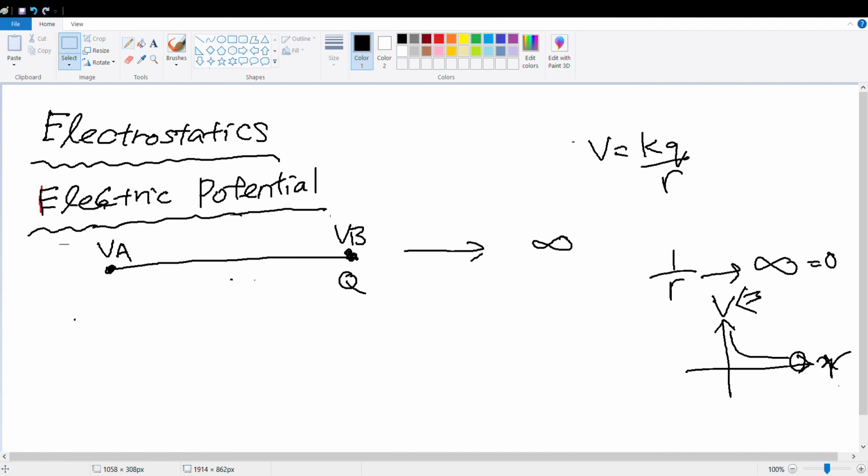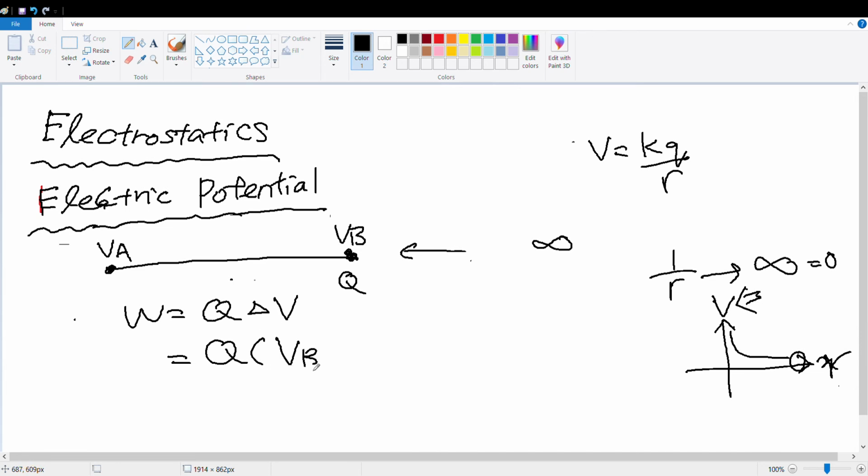In contrast, what will happen if I am about to move the charge from infinity to point B? My work done is Q times the change in electric potential. As usual, the potential difference is final minus initial, which is VB minus V infinity.